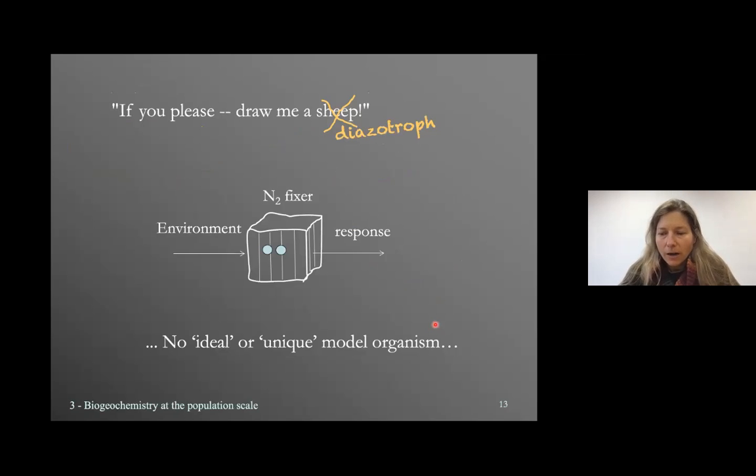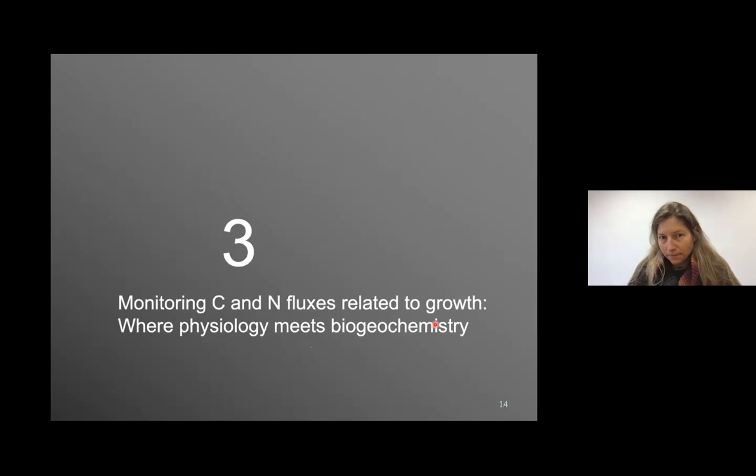So one conclusion to this is that if we are to pick a model organism of diazotroph, it's a difficult choice because there isn't a single model organism that could actually act as a representative of all the diazotrophs. They're all different actually. So there is no unique or ideal model organism.